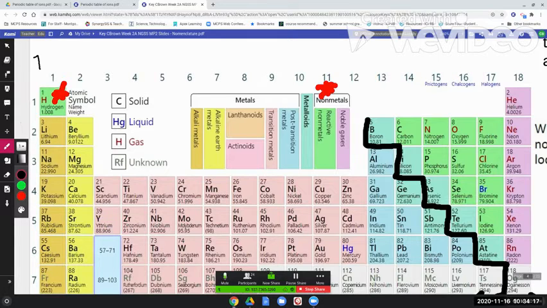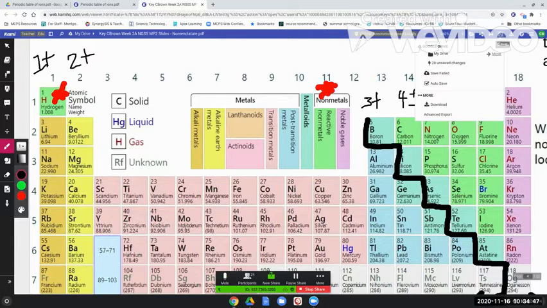So a 1 plus, a 2 plus, 3 plus, this is going to be a 4 plus or minus. Just kidding, that is not a 5 plus. That should be a 3 minus.